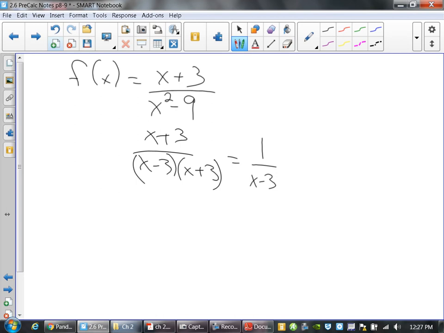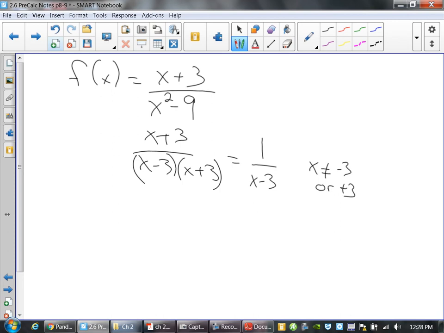And we also know that x can't equal -3 or positive 3 because it's going to have that hole. But where's the asymptote going to be? At 3 or -3? 3. The hole will be at -3. The hole goes to what zeros, so that simplifies out. The asymptote goes to the actual 0.